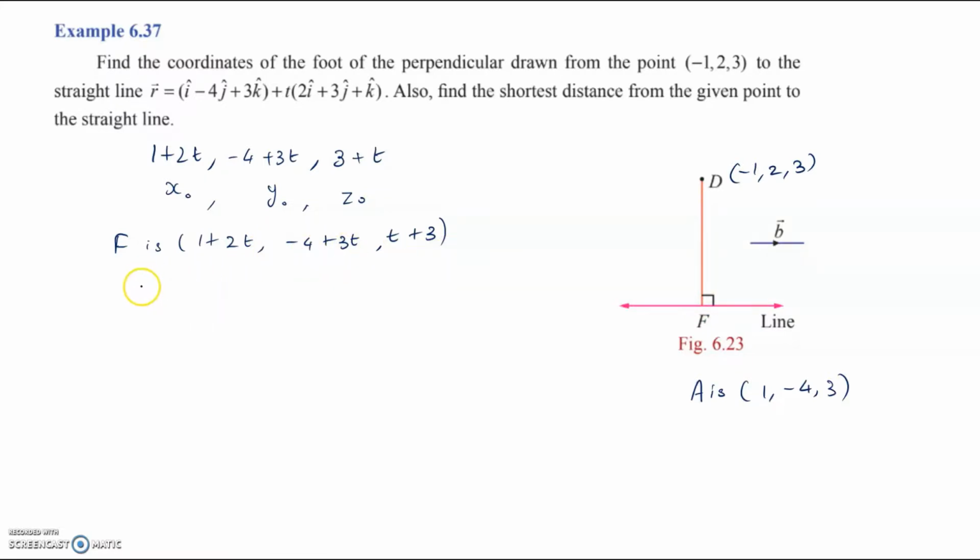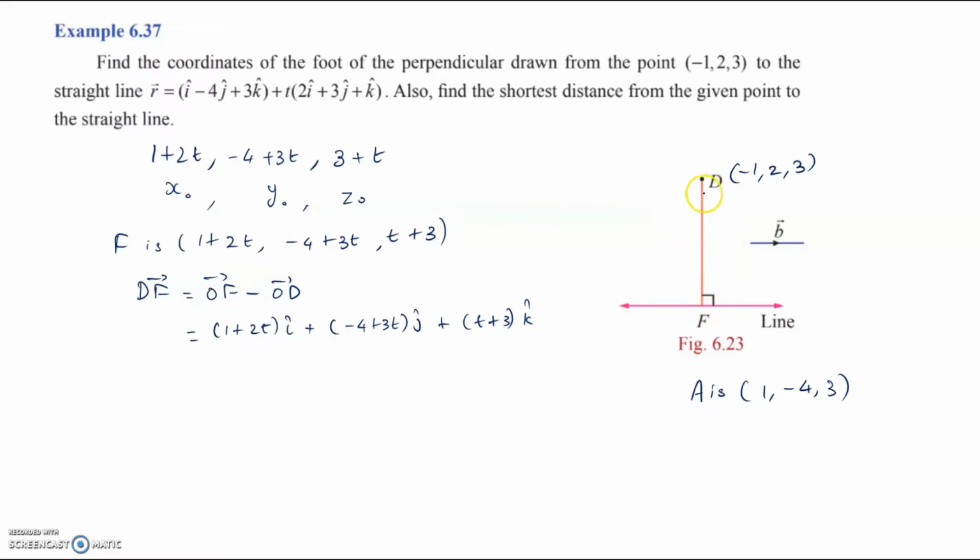So our vector df can be defined as vector of minus vector od, and our vector of is nothing but 1 plus 2t i cap plus -4 plus 3t j cap plus t plus 3 k cap, right? So we have defined the vector df.